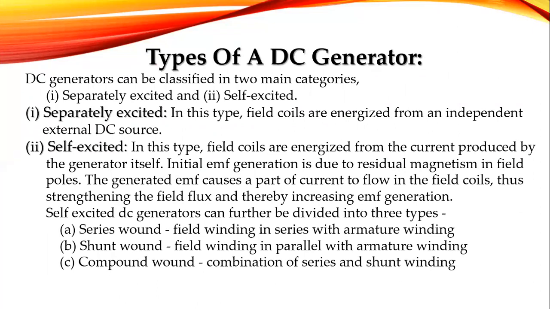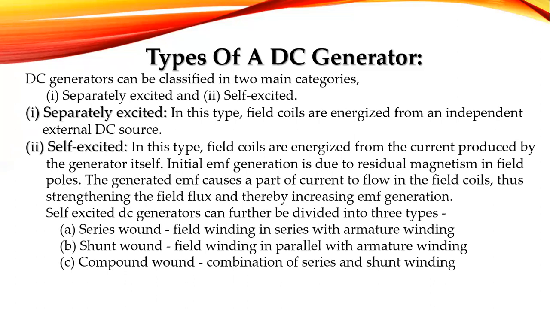Types of DC generators. DC generators can be classified into two main categories: separately excited and self-excited. Separately excited: in this type, field coils are energized from an independent external DC source.